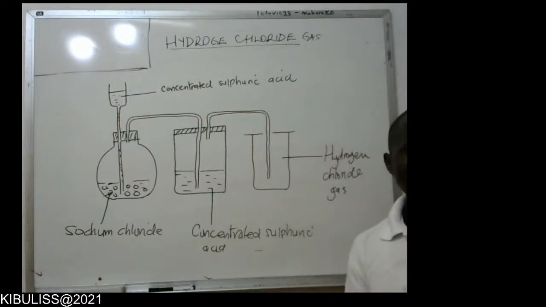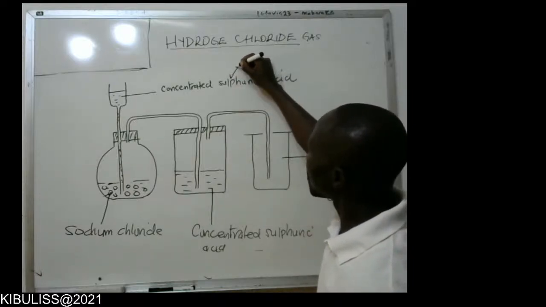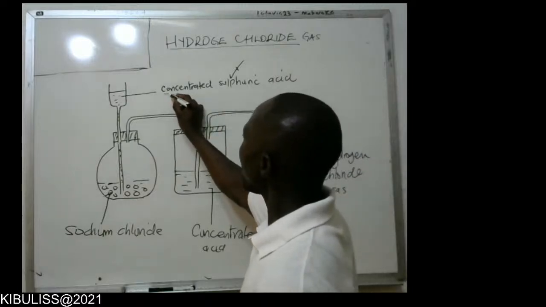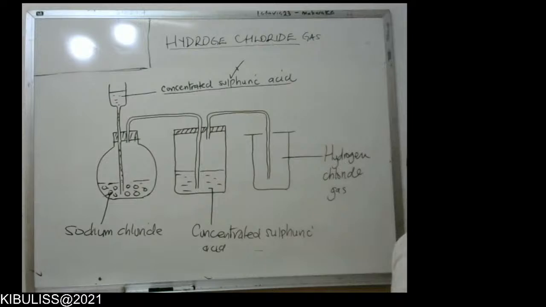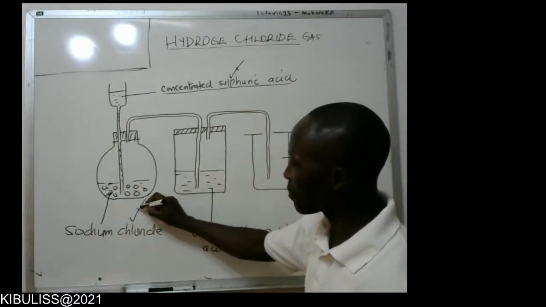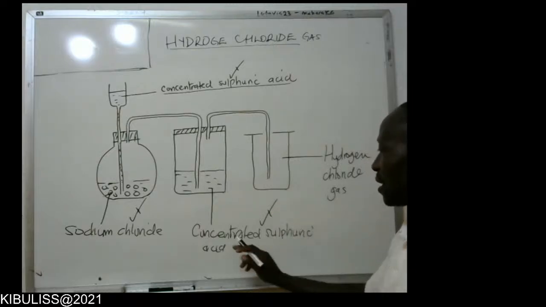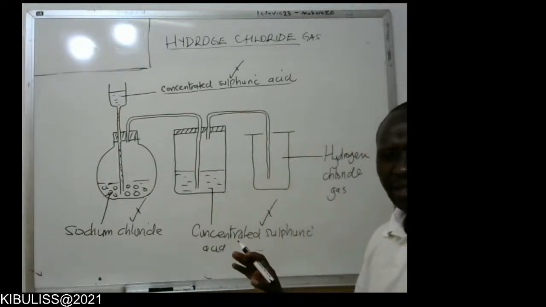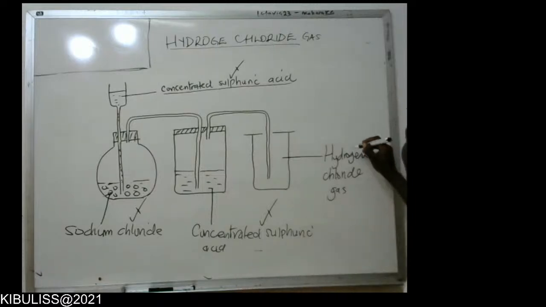So where are the points of evaluation? The points of evaluation are lying under concentrated sulfuric acid. The word concentrated must be there in order to score that point. This is sodium chloride. This is concentrated sulfuric acid. Dilute is wrong. Sulfuric acid just silent, you will not be appreciated. This is hydrogen chloride gas.